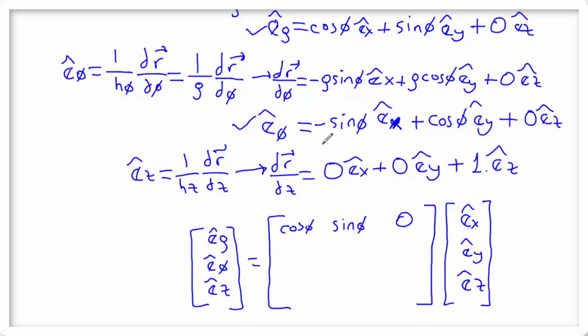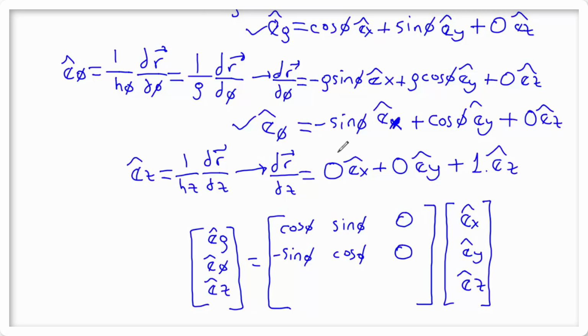In the second case, I put E phi in the same way in the matrix system. Look, what multiplies Ex is minus sin phi. Okay, good. What multiplies Ey is cos phi, and again 0 times Ez at the end.